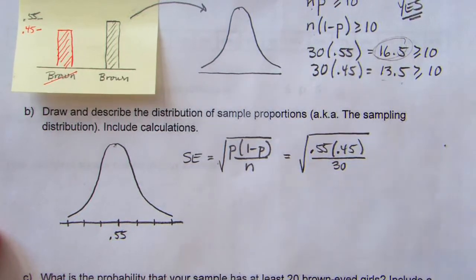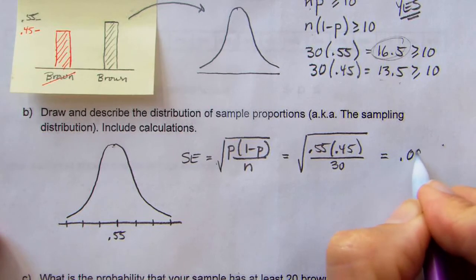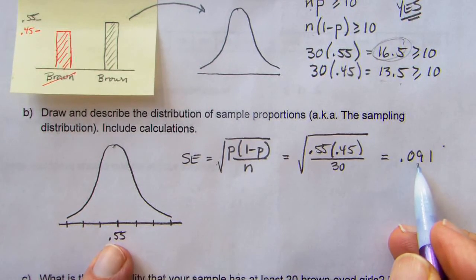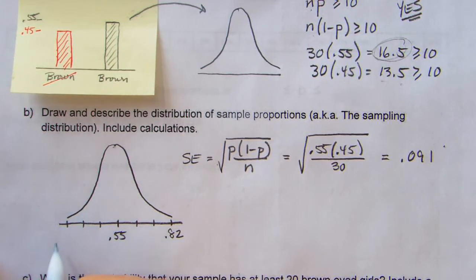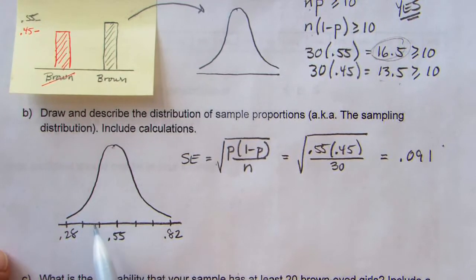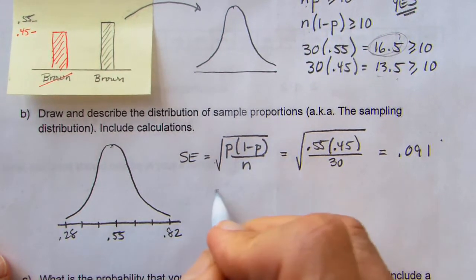We square root all that and get about 0.091. About 3 of those would be about 0.27. If I add 0.27, that puts me at about 0.82, and if I take away 0.27, that puts me at about 0.28. So this is what I think the sampling distribution would look like. And then we'll describe it.